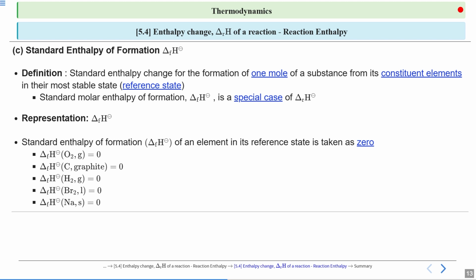Then you will say, why are we not taking it as gaseous? Because we know very well that sodium is a metal and it will exist as a solid in the standard condition. So we will take the solid formation as 0 for the metals. I hope these points are clear to you.